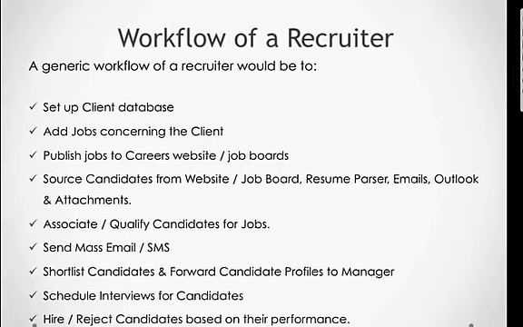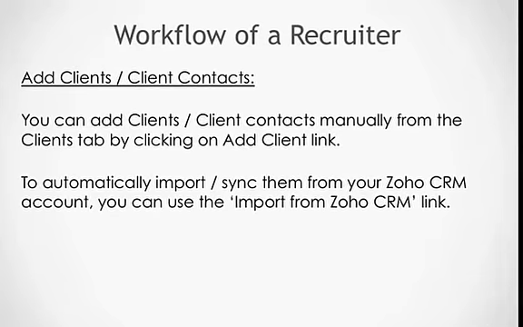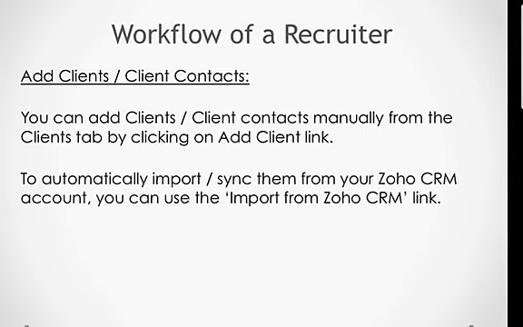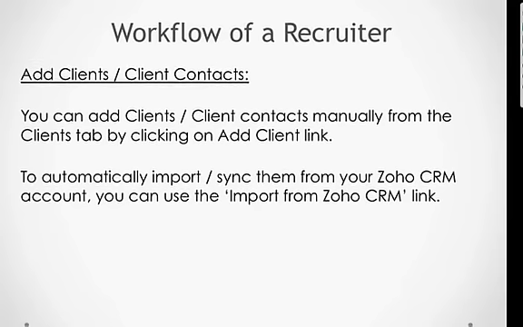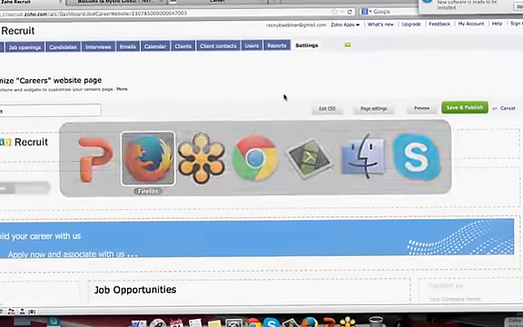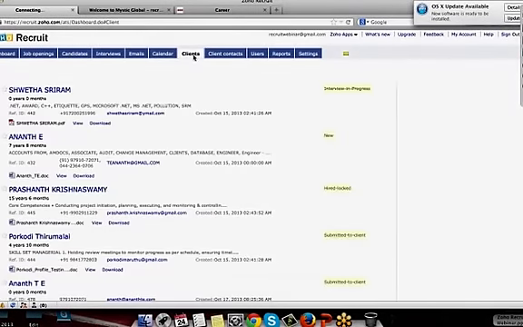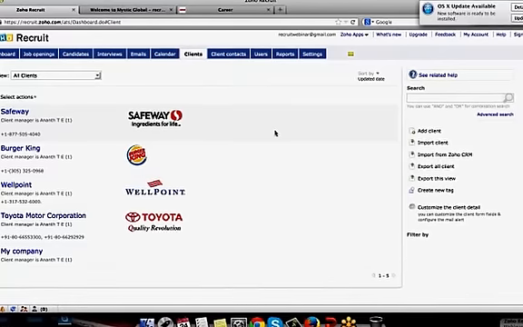We'll go into each one of these options to see how Zoho Recruit would be of use. The main thing is adding clients or client contacts, or it could be departments. In Zoho Recruit for staffing agencies, you could use the clients and client contacts to add them. It could be clients to add your own client information.